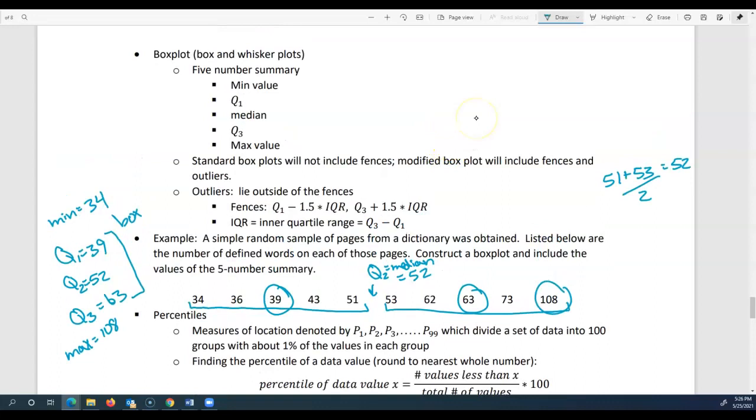So if we were to draw a number line, I'm going to start this at 30, and I'm going to go up by 10. So 40, 50, 60, 70, 80, 90, 100, 110.